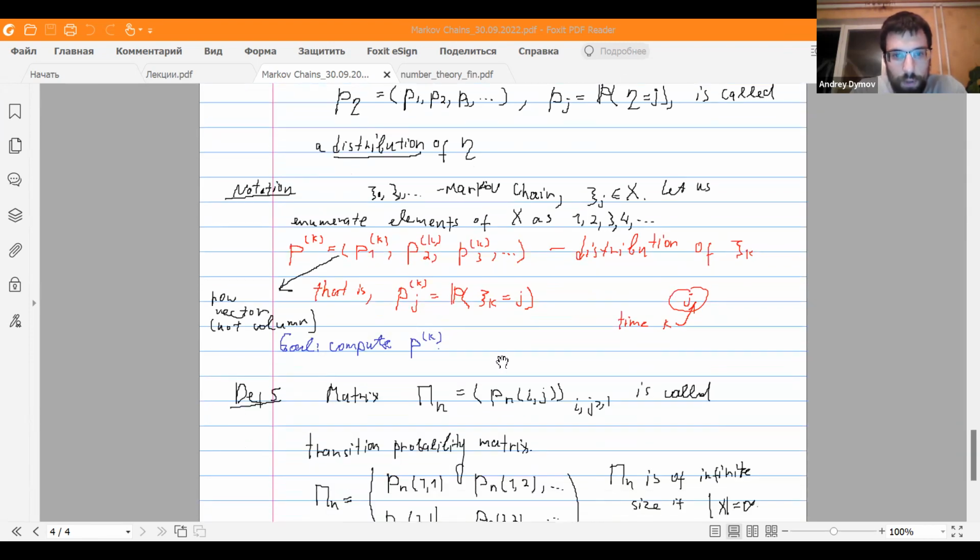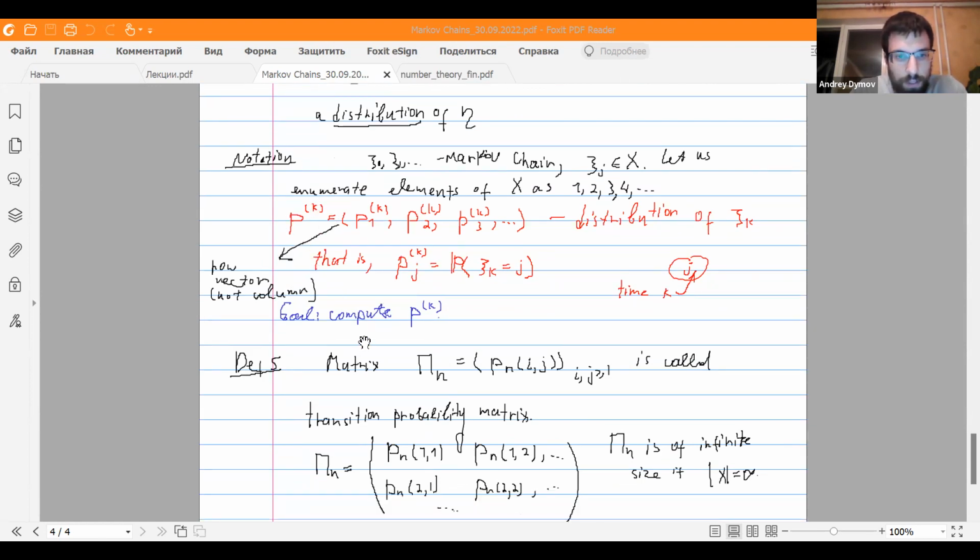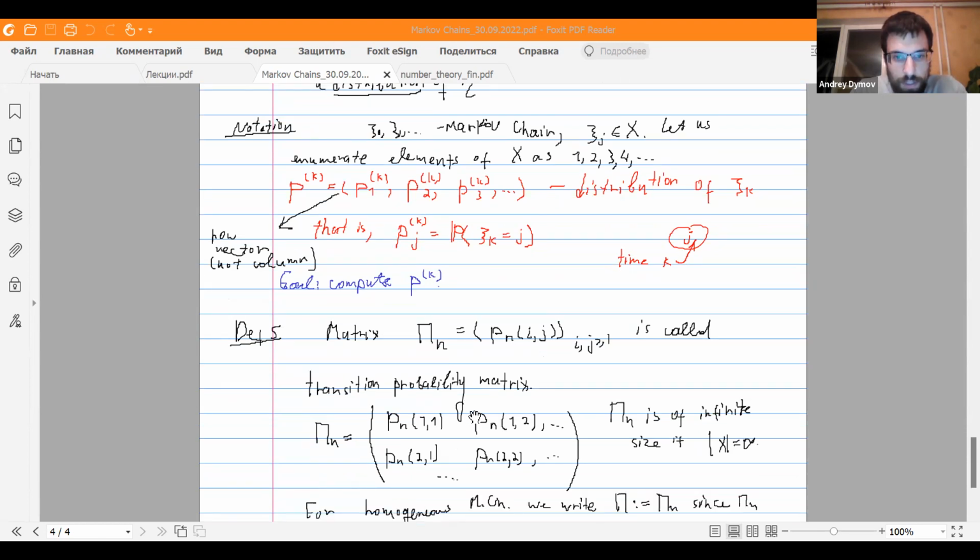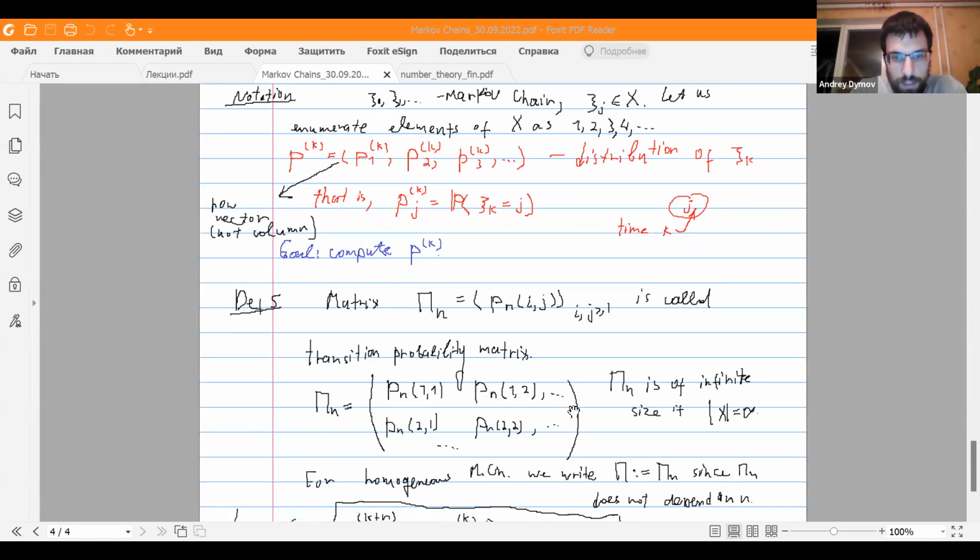Then our goal actually is to learn how to compute this distribution pk. I introduce the next object, which is called the transition probability matrix. This is a matrix which is built from the transition probabilities.